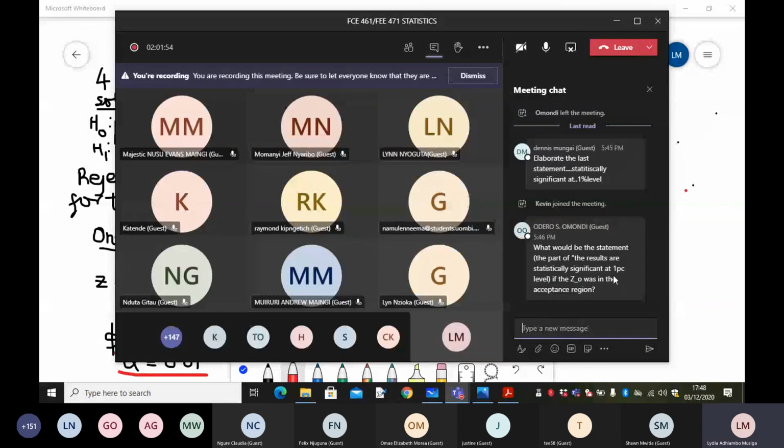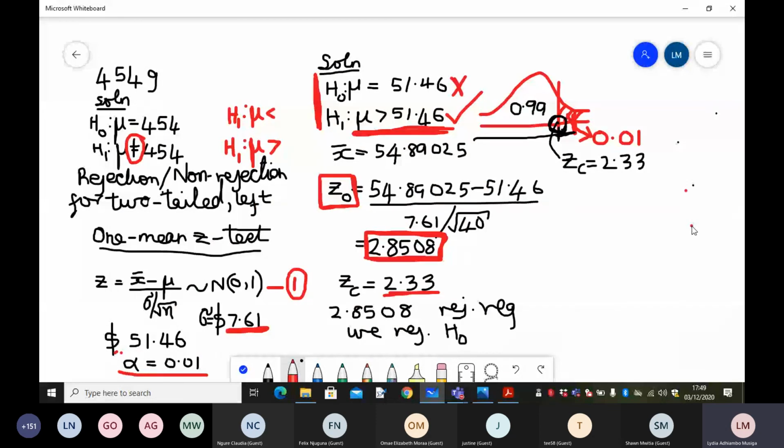So I will answer Odero after I answer Dennis first. Dennis wants me to elaborate on why the test results are statistically significant at 1% level. The level of significance that was given was alpha equal to 0.01. We have done our calculations and found that we should reject H0. And so we state that the test results are statistically significant at 1% level.